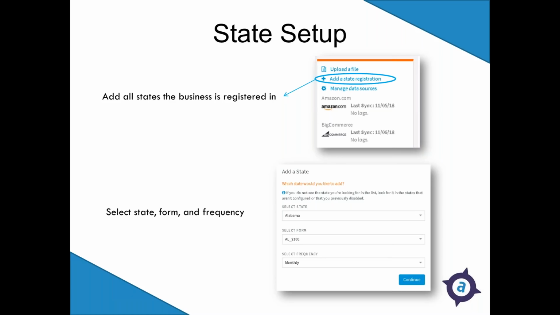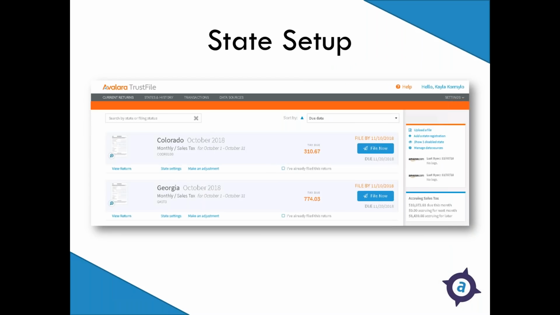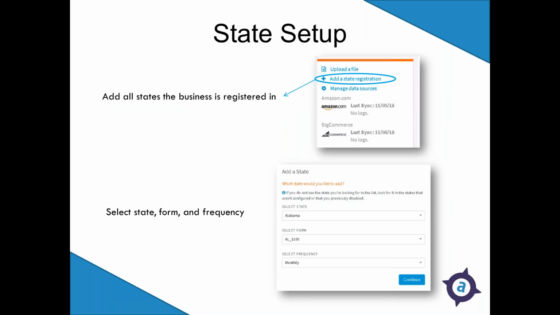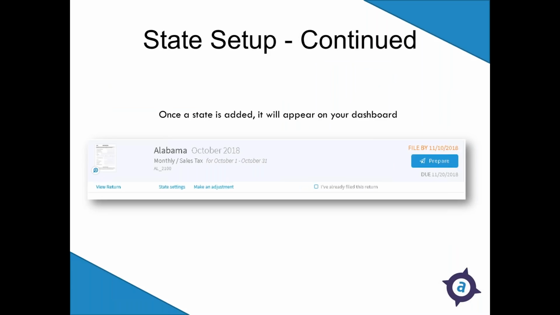So when you get in here, you're going to add the state, and you're going to do that by clicking this Add a State Registration, which if you look back here, it's on the right side, the second option in blue down. So you click that button, and then it will pop up this form that basically is looking for some of the detail from the state. So once you add the state registration, it's going to ask you what state are you trying to add, what tax form is required, and then the filing frequency.